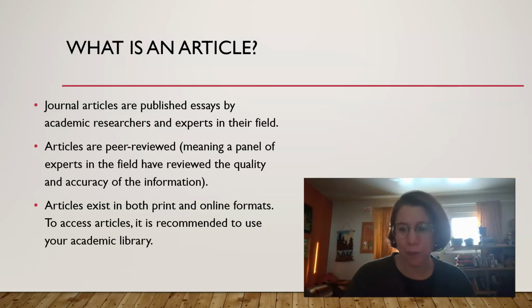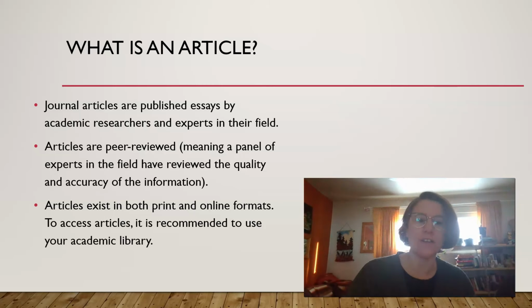I've done part of the work for you in that I've found a couple of articles already, so you don't have to go find anything for yourself at this point. You just need to pick one of those articles in the article folder and base your writing assignment, your summary paragraph, on that article.